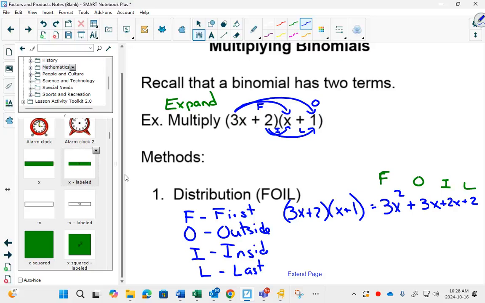And we have to simplify if we can. Do you see that there are like terms? Remember from grade 9, like terms just means that they have to have the same variable and same exponents, not the same number in front. So the 3x and the 2x, I'll underline them here in purple, those are like terms.